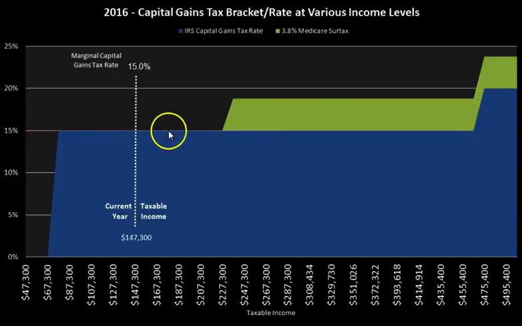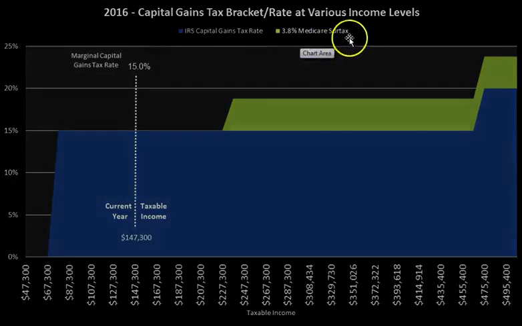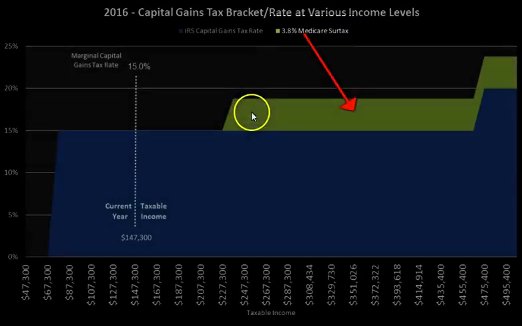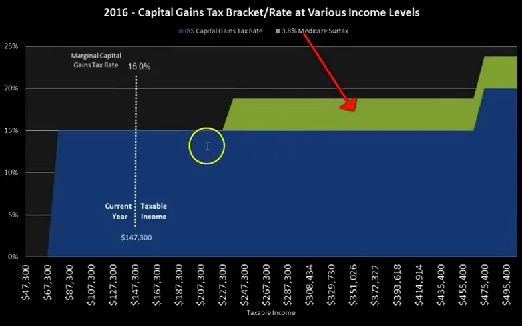And as their income increases, the 3.8% Medicare surtax kicks in. So the truth, and let's keep going with this, at the 20% capital gains tax rate, the 3.8% surtax is still kicking in.